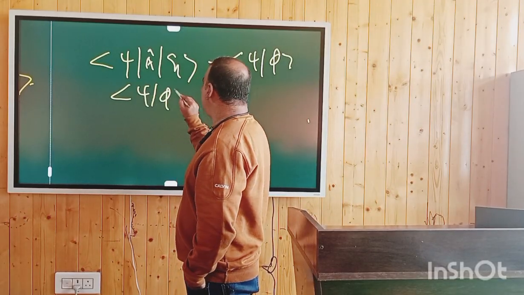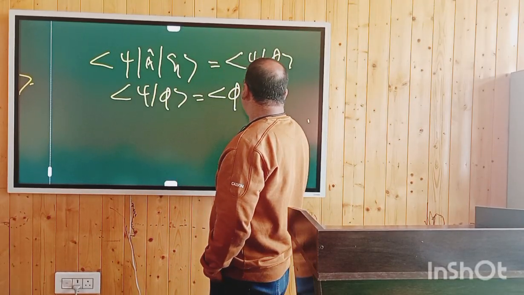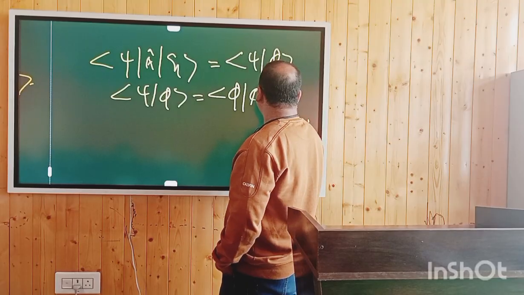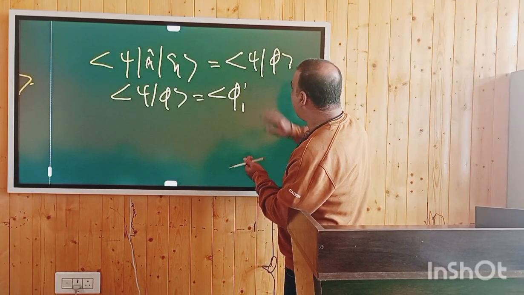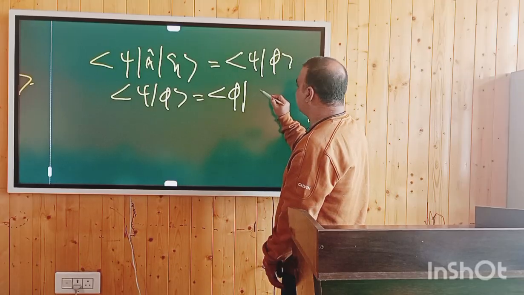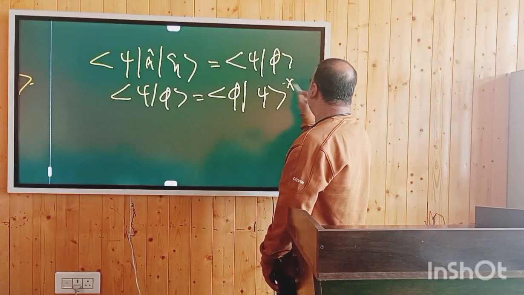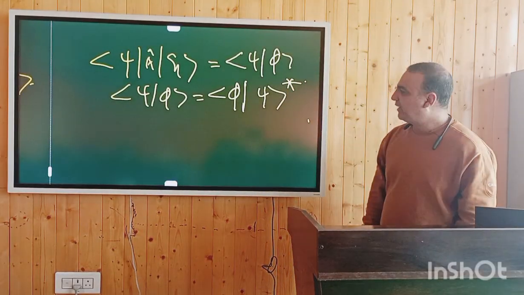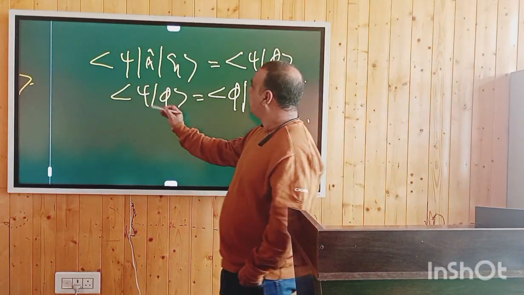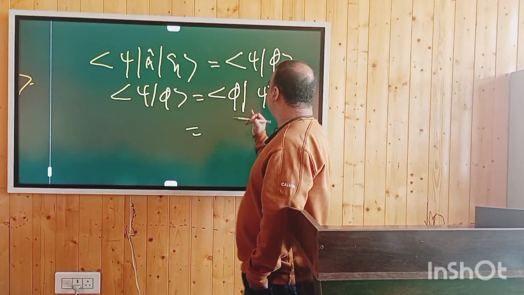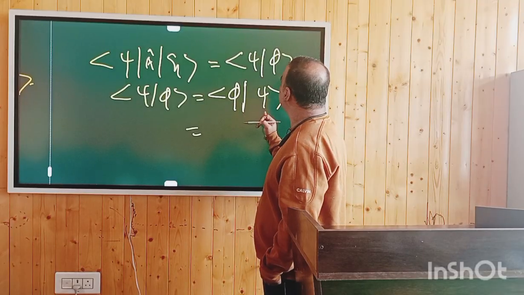But this psi and phi is equal to phi and psi star. Right? So what will I get here for this phi and psi?